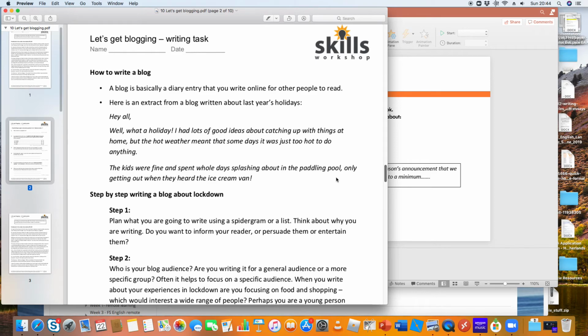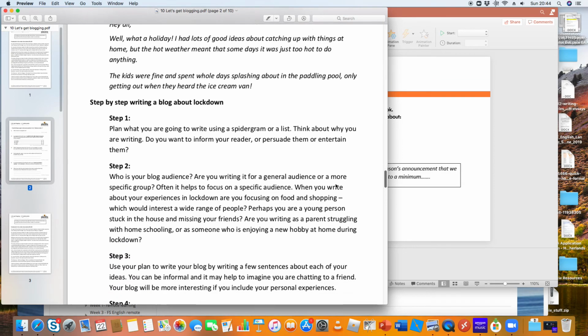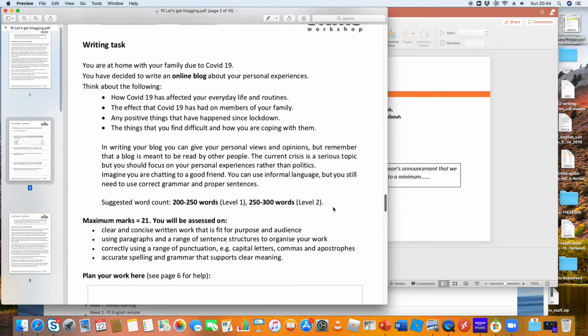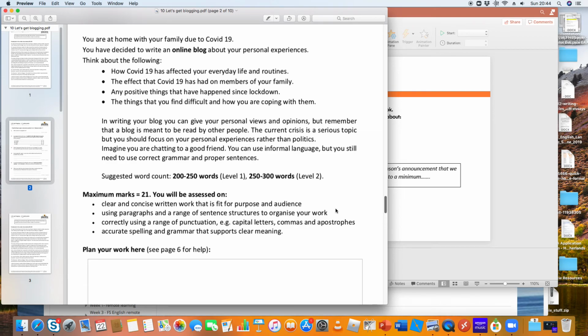Then if you want to get some practice in your writing, you can follow through here. We've got a writing task talking about your personal experiences. Obviously we were all in lockdown earlier in the year. I know technically we're in lockdown now, but to be honest, it doesn't always feel like it.